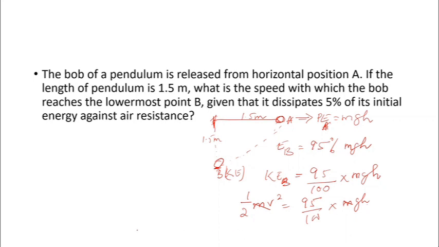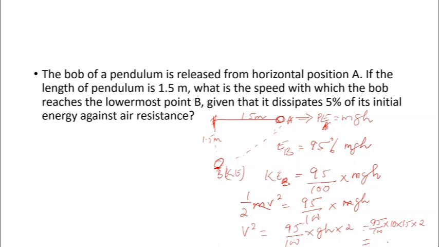So v square is equal to 95 by 100 into g, I am taking 10, h is 1.5 meters, into 2.